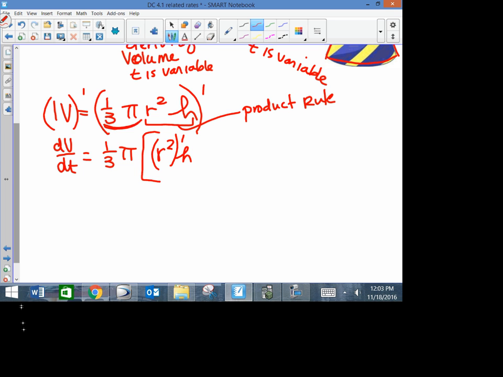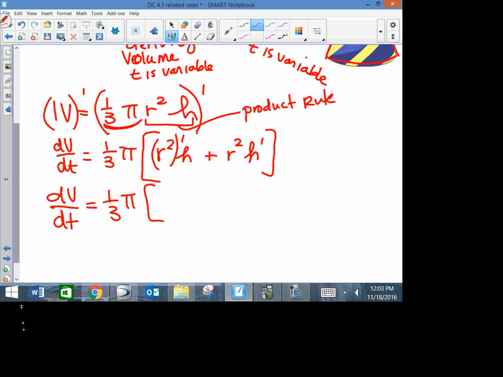Derivative of r squared times h, plus r squared times h prime. Okay. Are you all still needing to write that? Just one. Okay. There's no shame in that. Okay. Now remember, we're doing with respect to time. So what would you find? Well, how would you find the derivative of r squared with respect to time?